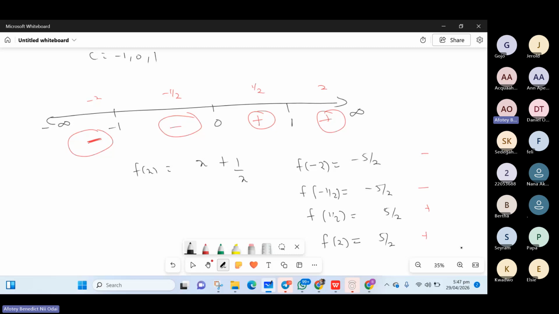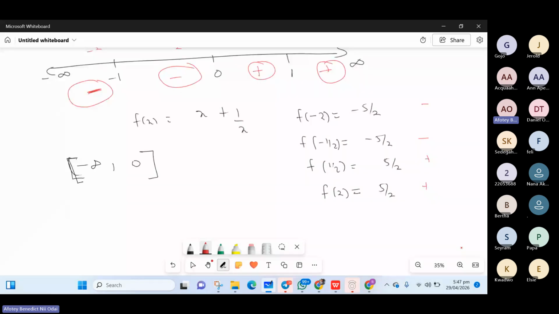It's not decreasing on negative infinity to 0. This is so wrong. You can't write this because the critical points are not part of it. So we use an open interval where the endpoints are not included.